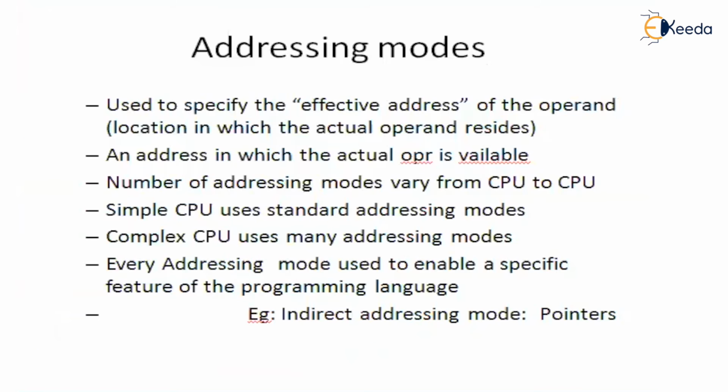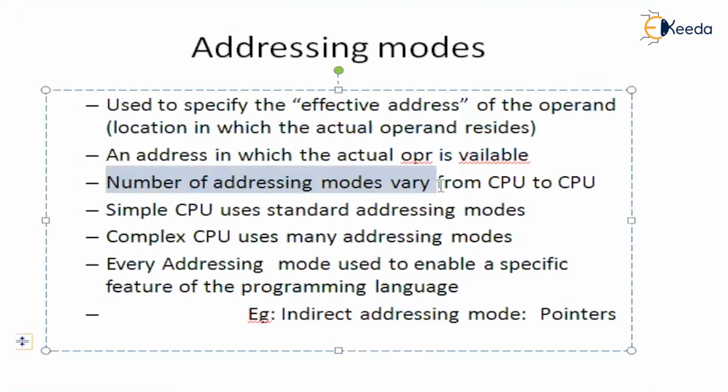But before we get into the addressing modes, try understanding something about them. The number of addressing modes will vary from system to system. Here we just discussed direct addressing mode and indirect addressing mode, right? Not only direct and indirect, we can have several addressing modes. How many? Depends.